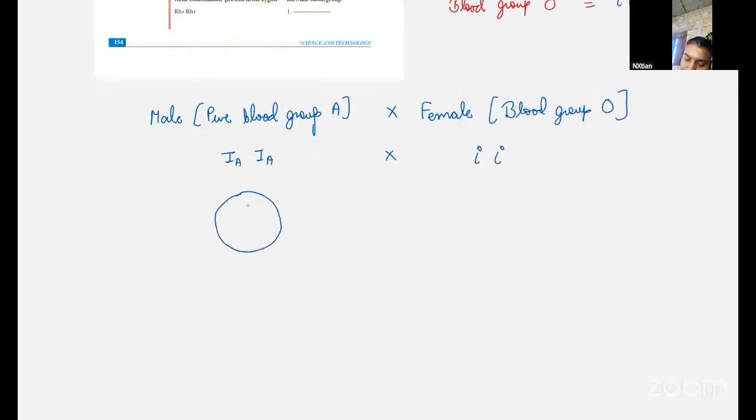One strand has IA, and this strand also has IA. And this strand has small i, and this strand also has small i.